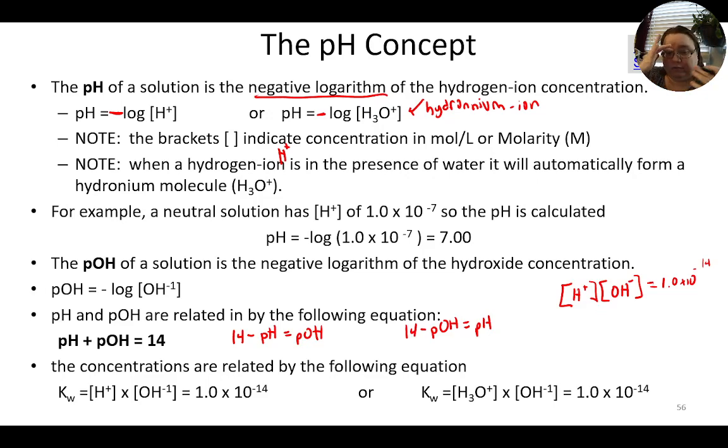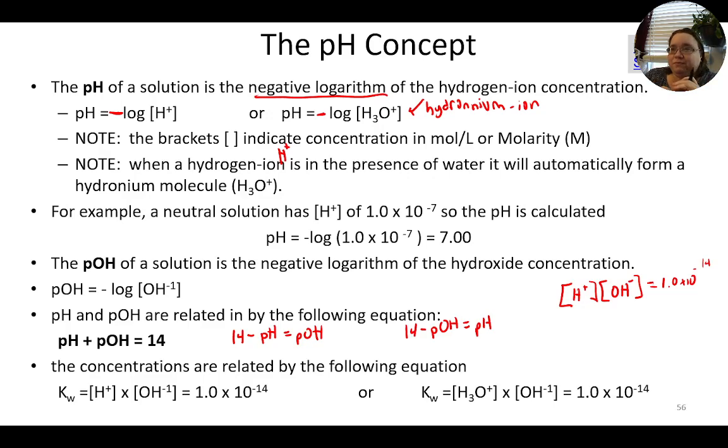We are assuming all of our reactions for first year chem are occurring at room temperature. So I could switch from my hydrogen ion concentration to my hydroxide ion concentration using Kw. It's as simple as taking that 1.0 times 10 to the negative 14th and dividing by the thing that I know.